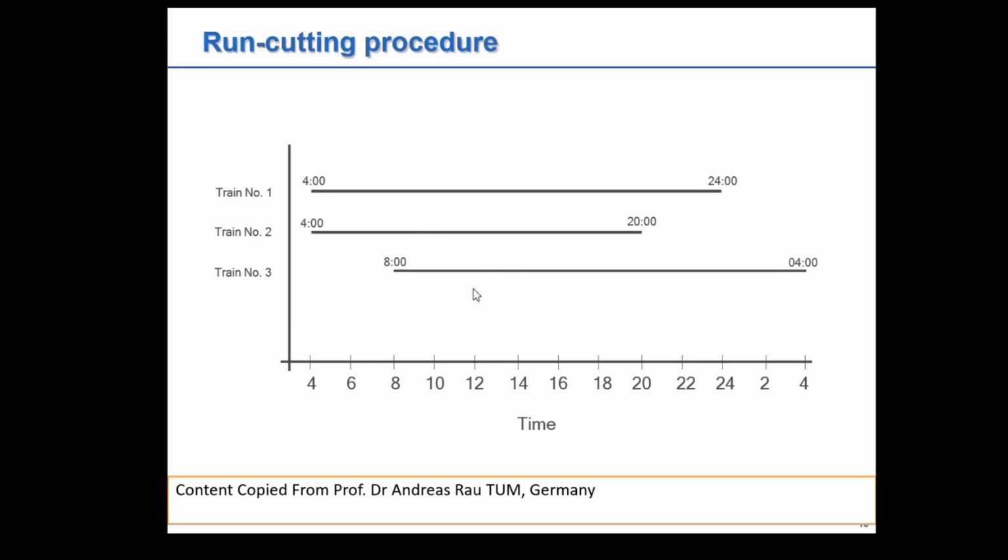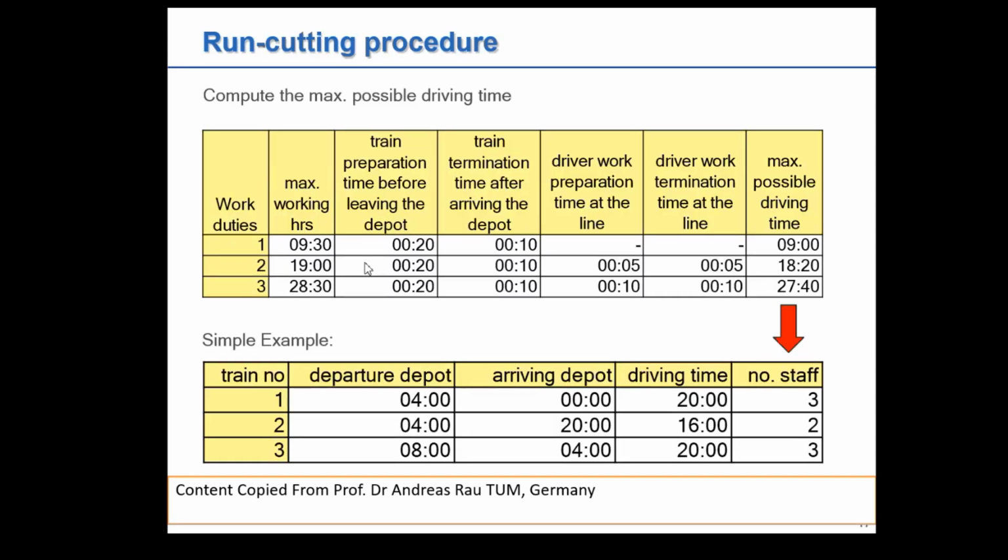We will do the run cutting procedure to assign the same timetable for train 1 to all the crew individually, similarly for train 2 and for train 3. As we already mentioned, if our services start from 10, we will start our work from exactly 9:30 or 9:25, so that all those operations are carried out successfully.